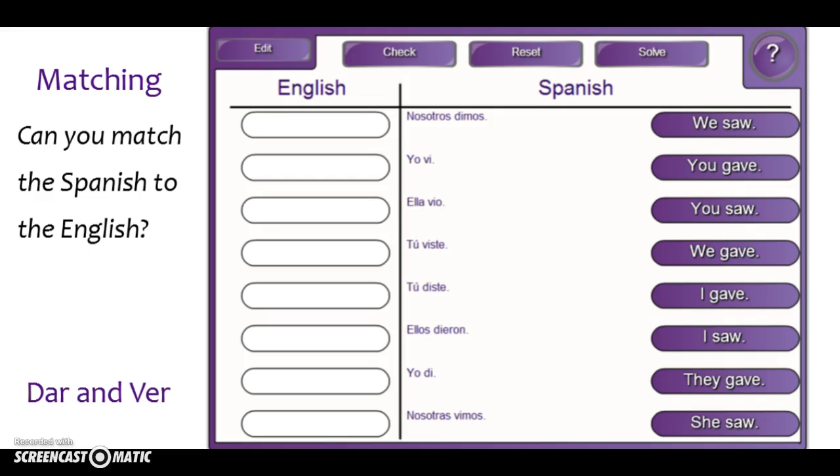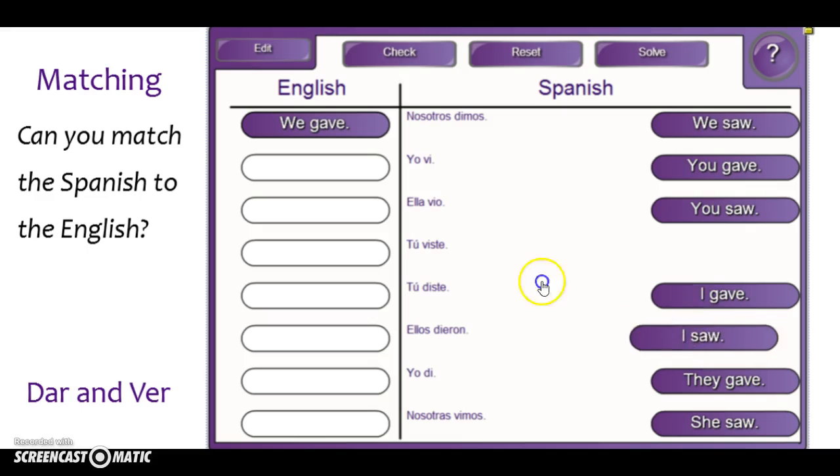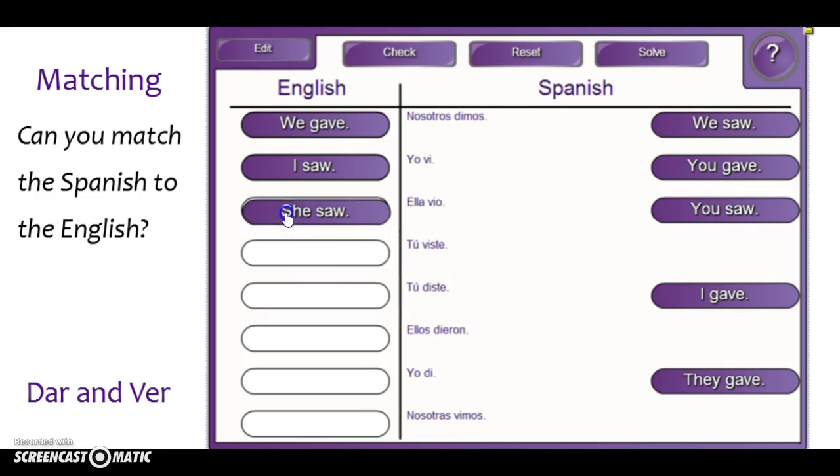Now let's practice a little dar and ver conjugation. Match the Spanish to the English sentence. Nosotros dimos. We gave. Yo vi. I saw. Ella vio. She saw. Tú viste.